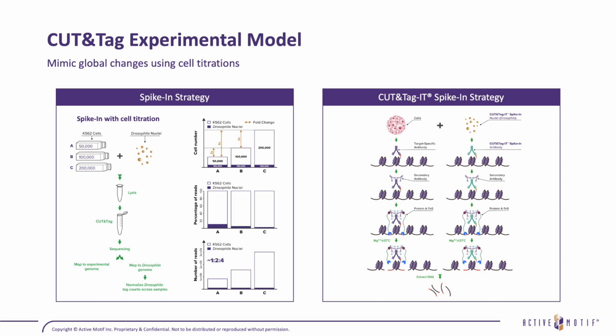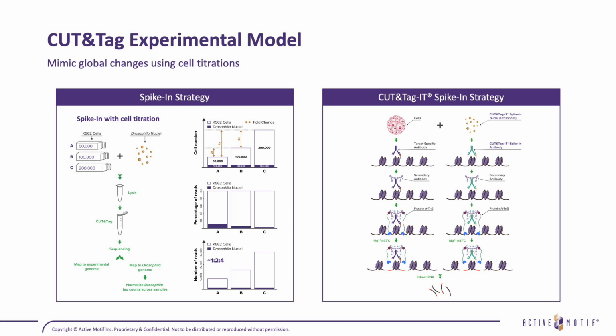So after you sequence, all your samples get the same amount of sequencing reads. So again, that's represented in white, and your Drosophila reads are represented in purple. So you can see in the first sample, you have proportionally more Drosophila reads because proportionally that's what you added. These ratios then are used to normalize the data.